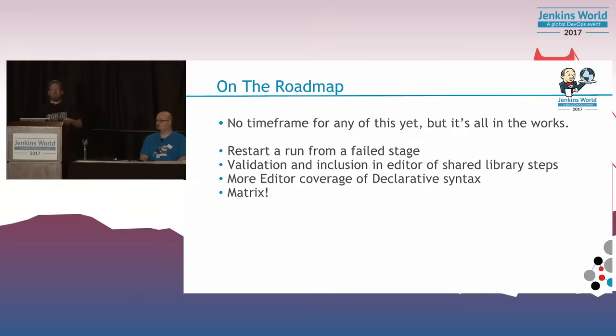So among the things that we are looking at, that's on our roadmap that we plan to execute, are the ability to restart a declarative pipeline run from a failed stage. Say, like, oh, what, it failed there, but I know that was flaky. Can I just resume from 2/3 of the way through the build? That's something that is a pain to do in scripted pipeline unless you give money to CloudBees and use the CloudBees checkpoints pipeline plugin. Give us money.